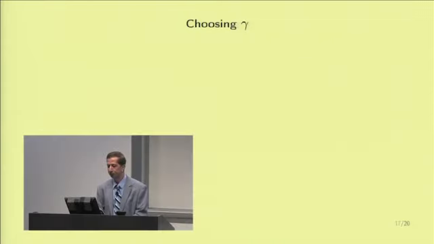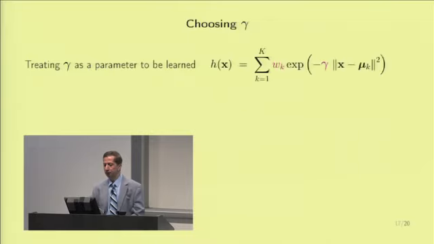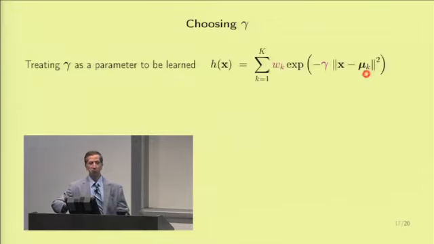Okay. Now, the final parameter to choose here was gamma, the width of the Gaussian. And we now treat it as a genuine parameter. Okay, so we want to learn it. And because of that, it turned purple. Okay, so now mu is fixed, okay, according to Lloyd. Now I have parameters W1 up to WK, and then I have also gamma.